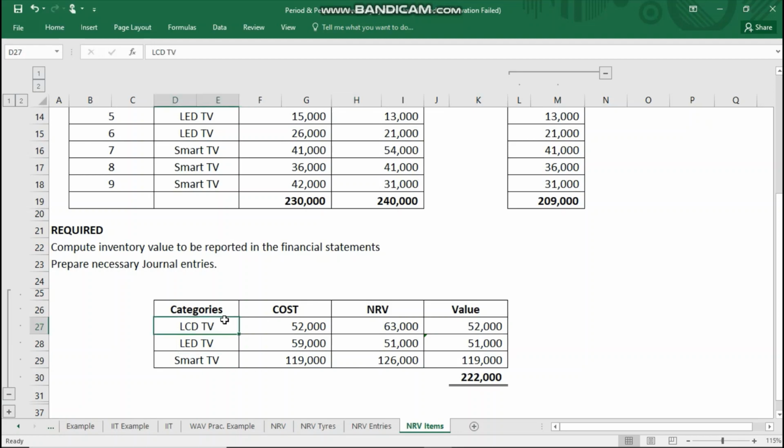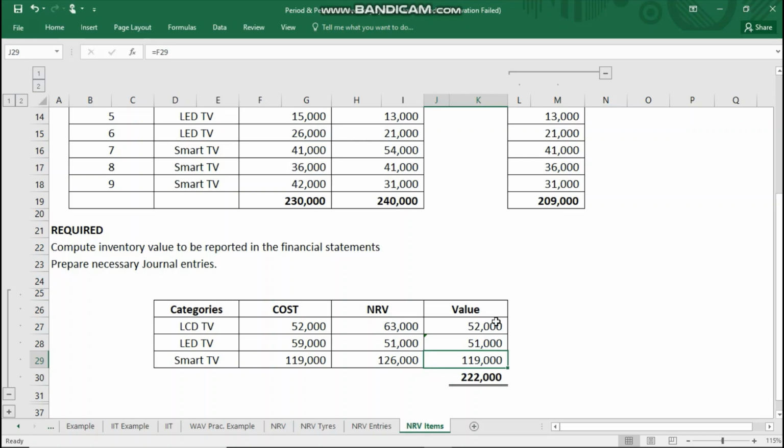Okay, so here are the three categories: LCD TV, LED, and smart TV. Cost is here, which is 52,000. NRV is here, 63,000. I took cost as it is lower. In the second category I took NRV, which is 51,000, and it's lower than the cost, so I took 51,000. And in the third category I took cost, which is 119,000, which is lower than the NRV.